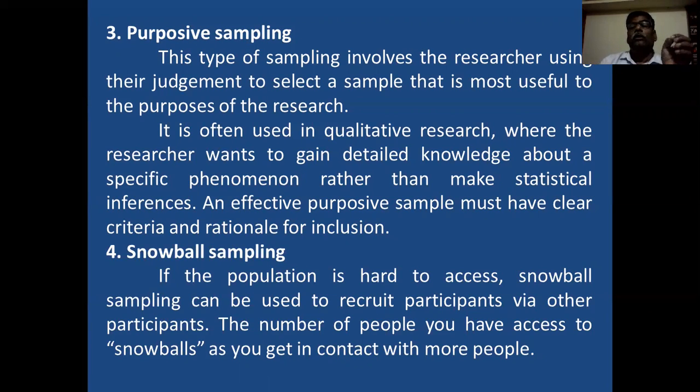It means we find one sample member, and with the help of that member, we collect the other required members of the sample size. The number of people you have access to snowballs as you get in contact with more people. For this, I would like to give an example.